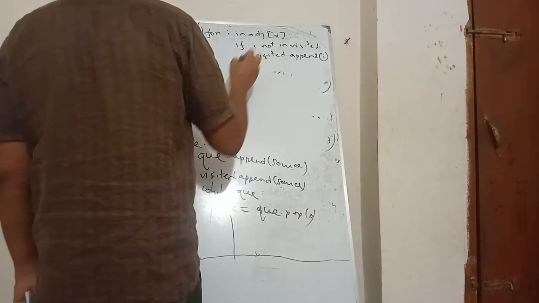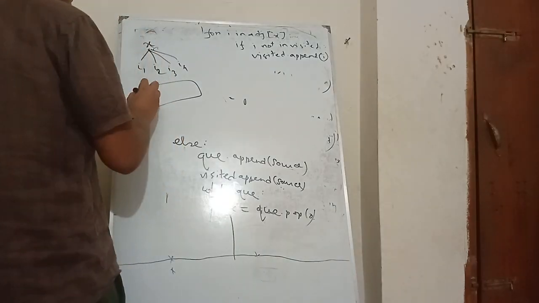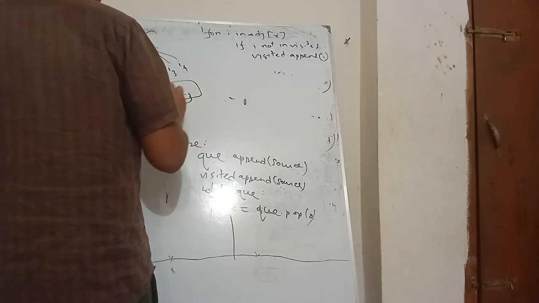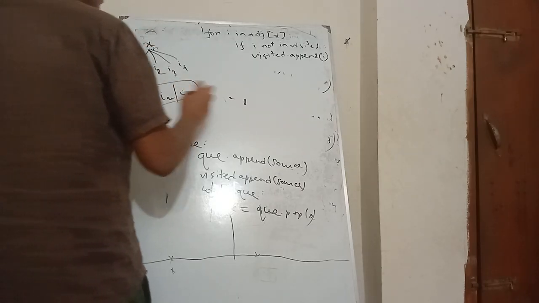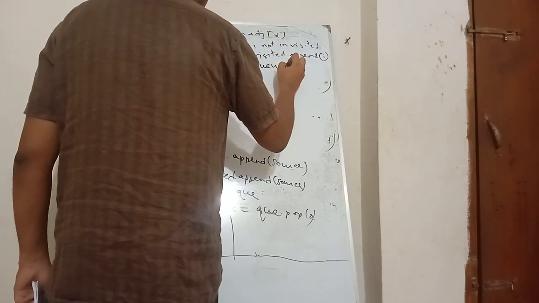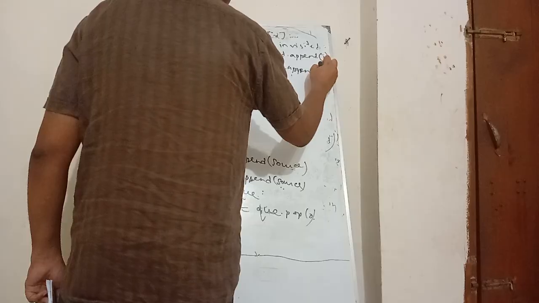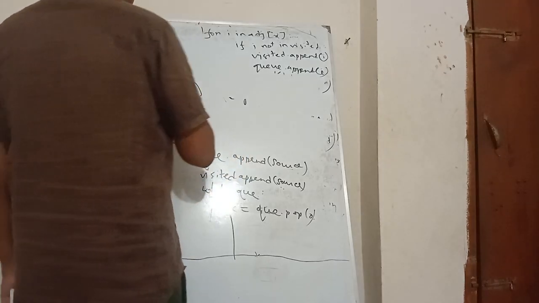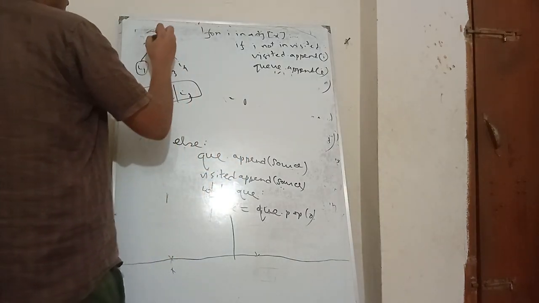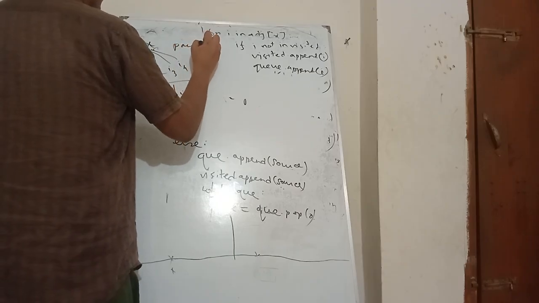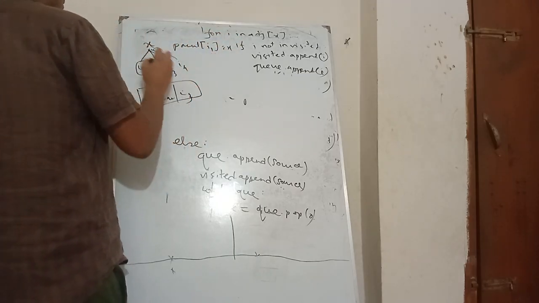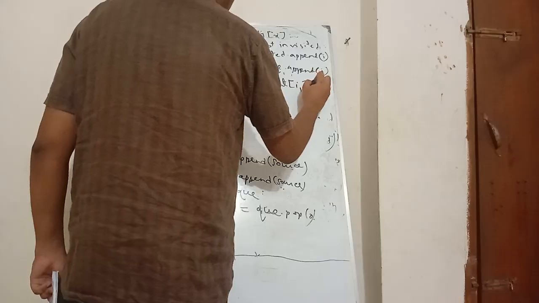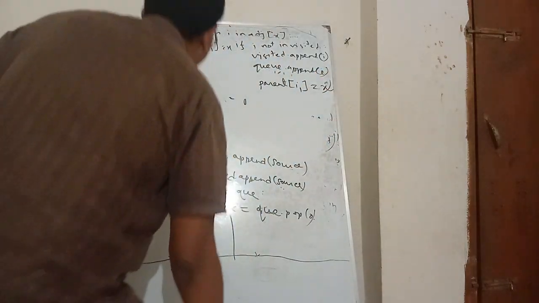Also, as i is not visited, we append I1, I2, I3, etc. to the queue if they are not visited. Also, what is the parent of I1? Parent of I1 equals x.